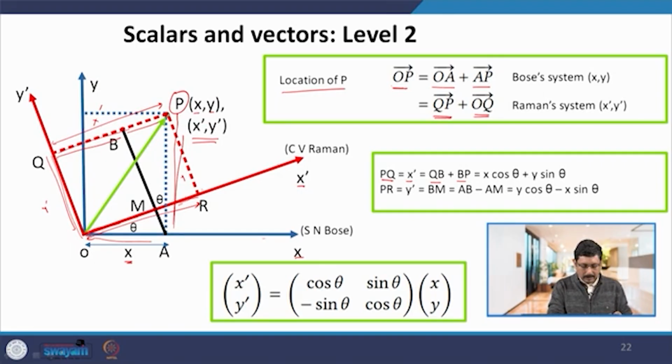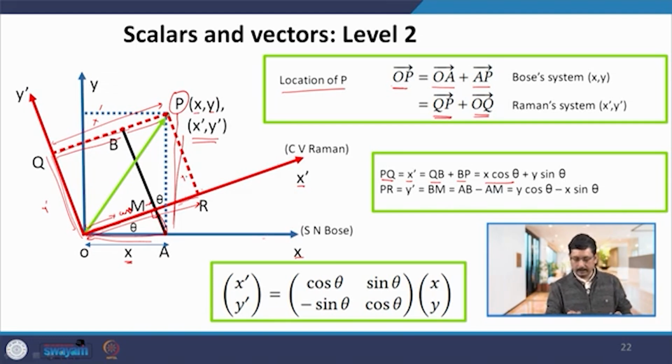And if you consider this triangle OMA, in this triangle this is the x, this is 90 degrees. So, OM is x cos theta. So, this is x cos theta, hence QB is x cos theta.